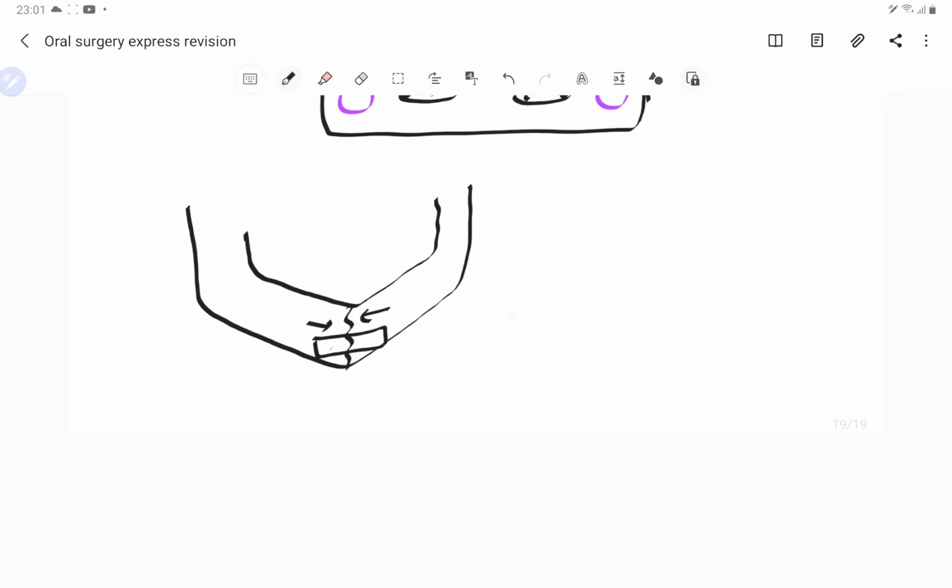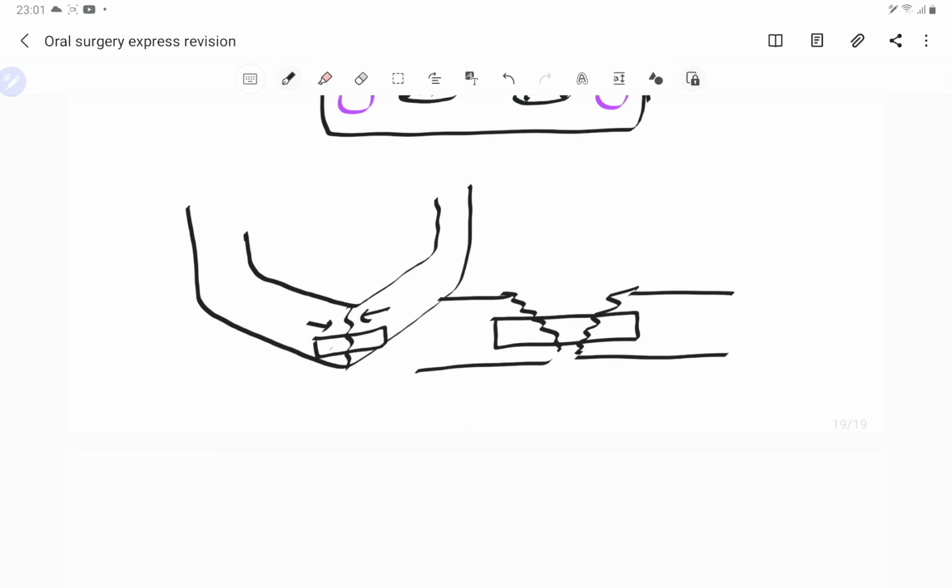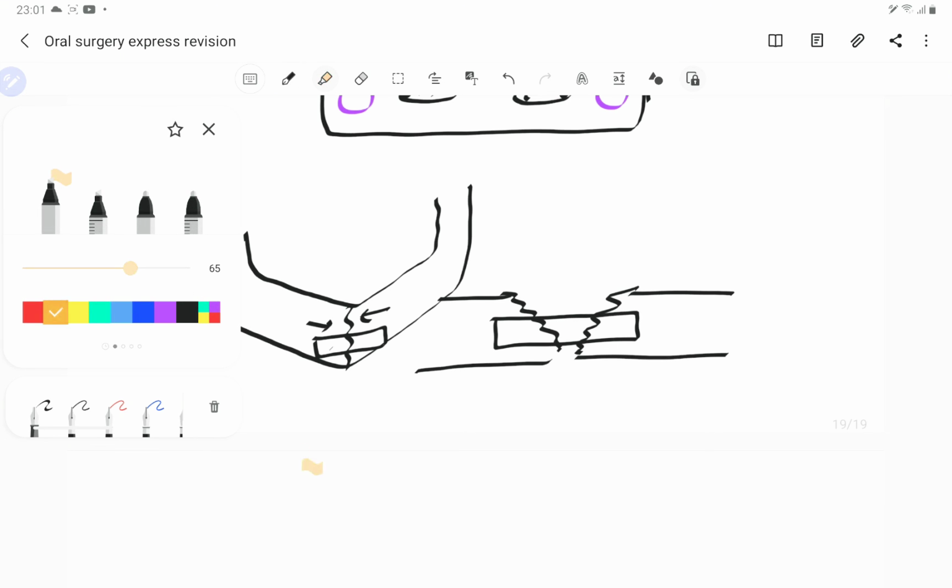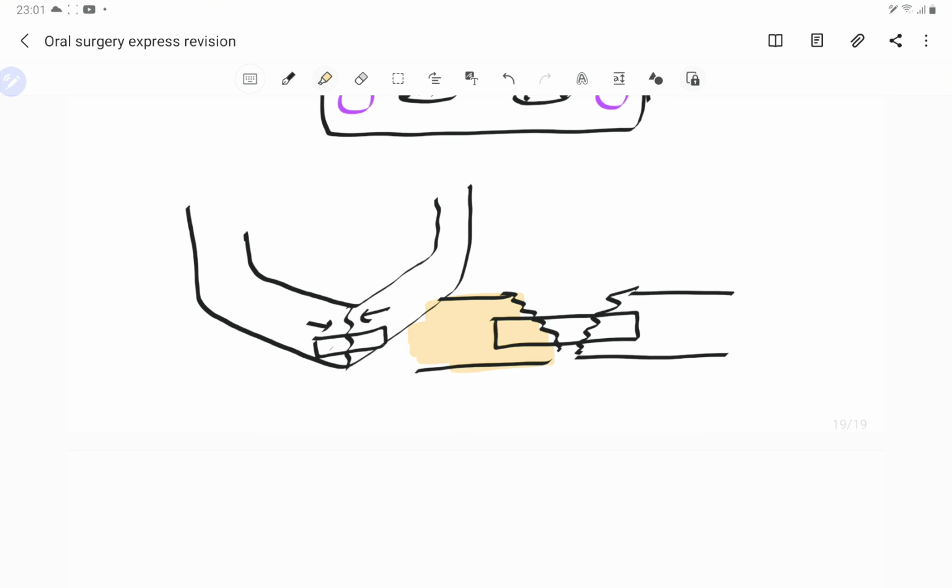Since there is pulling at the inferior border, the fracture fragments are pulled only across this plate, so here at the inferior border they will unite, but there is going to be no unity at the superior border.